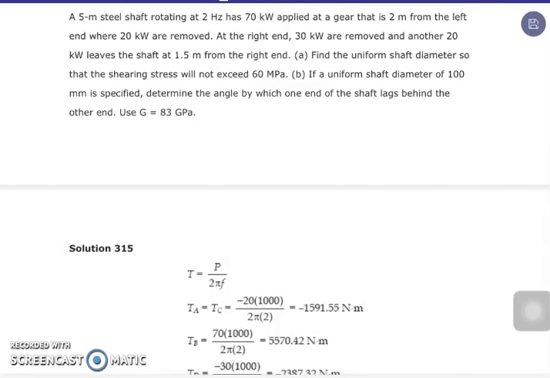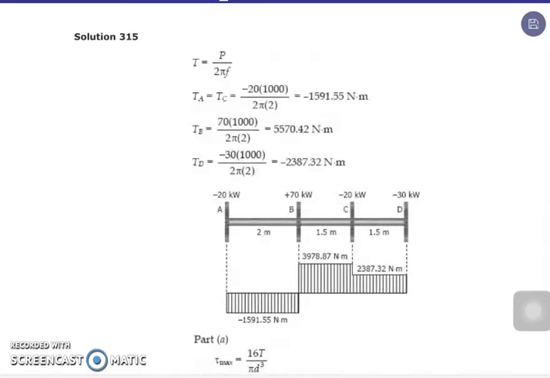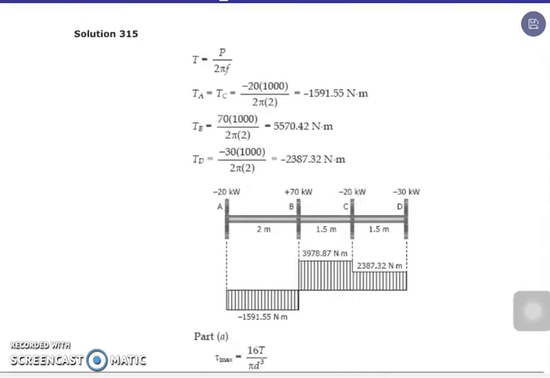G is 83 gigapascal. For this problem, we have to compute first the torque at point A, point B, point C, and point D. The torque formula is P over 2 pi times F. We are given F, which is 2.